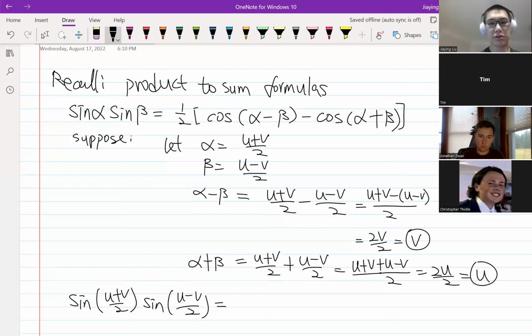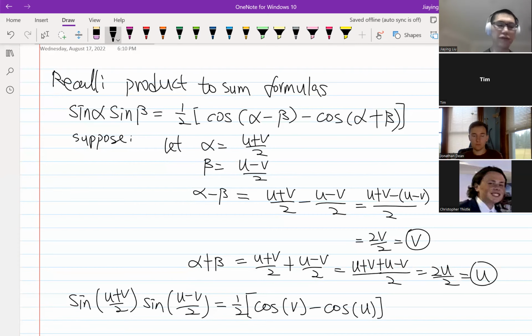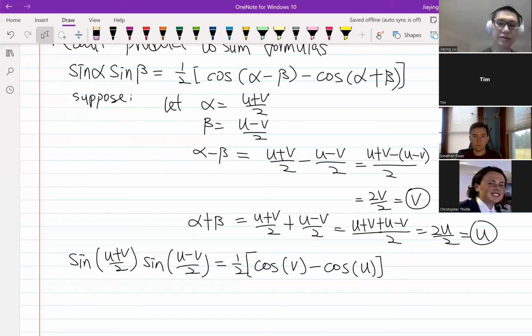That's going to equal one half cosine alpha minus beta, that's v, minus cosine alpha plus beta, that's u. Now I multiply by 2 on both sides and switch the sides.